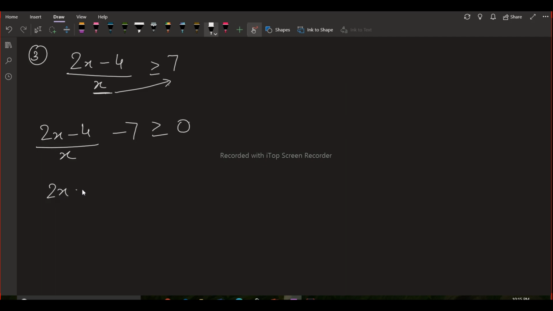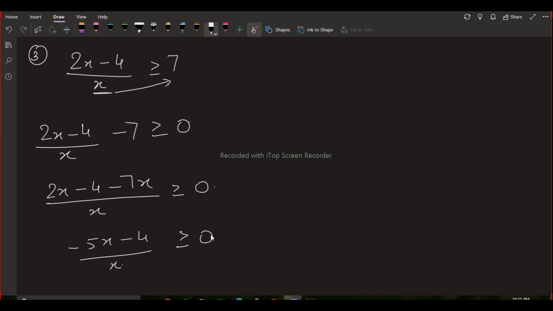So I'll have 2x minus 4 minus 7x upon x greater than equal to 0. So I'll end up getting minus 5x minus 4 upon x greater than equal to 0. Now if you want, you can multiply both sides by minus 1 to change the sign. You'll have 5x plus 4 upon x, and this sign of inequality will reverse. This will be less than equal to 0.